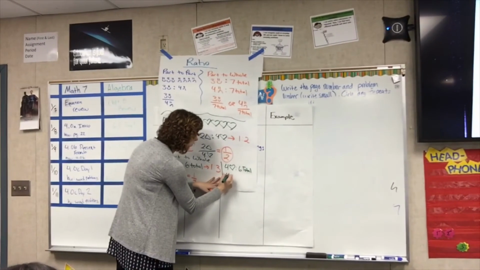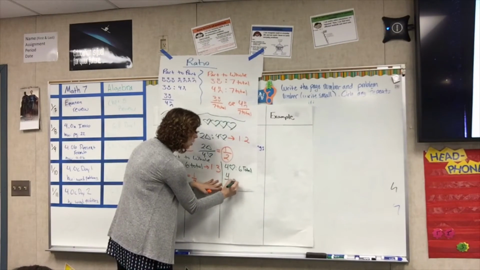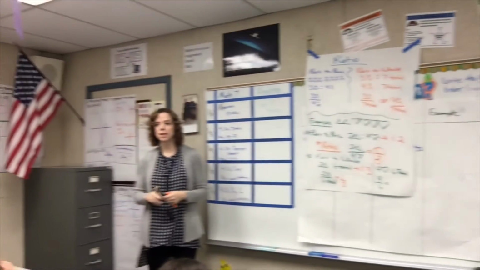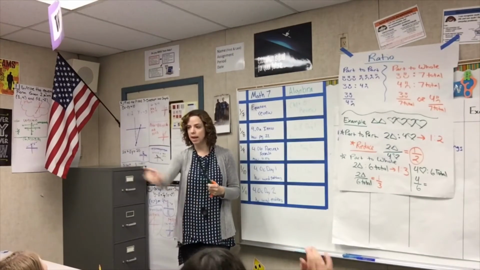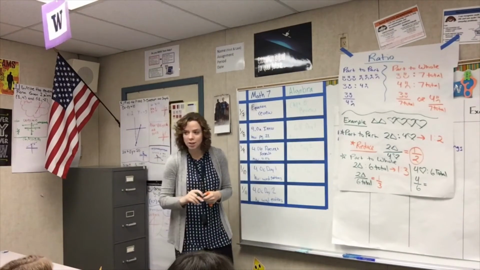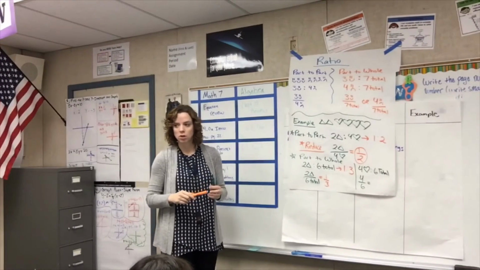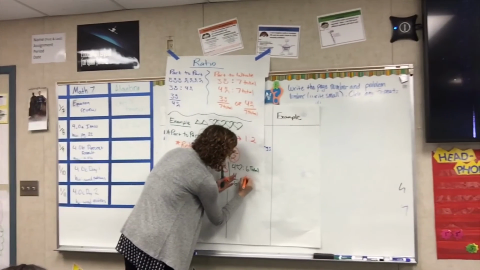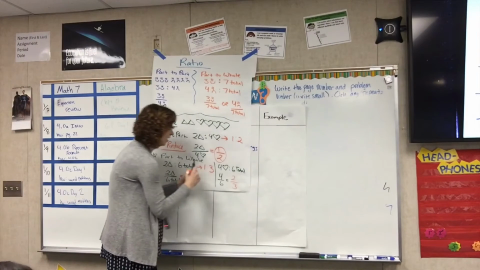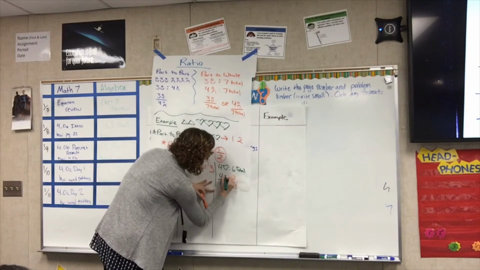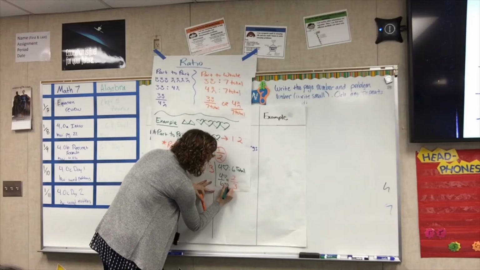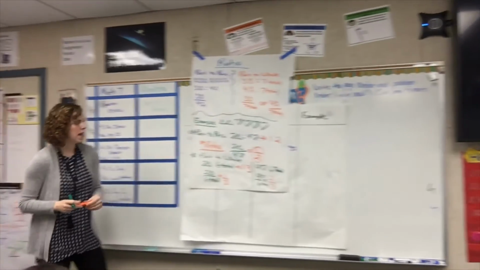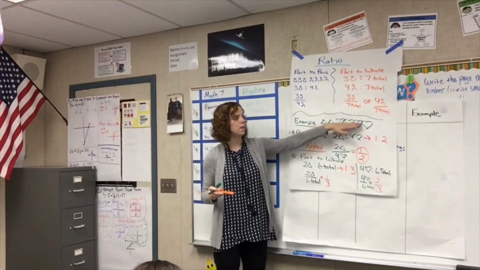So part to whole will have two possible answers. And we can write that as a fraction, 4 to 6. Okay, what does 4/6 reduce to? Yes? 2/3. Yep, good job. Nice. 2/3. Here, I'm going to put a heart here and say total.